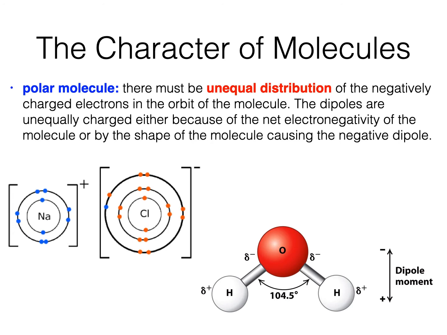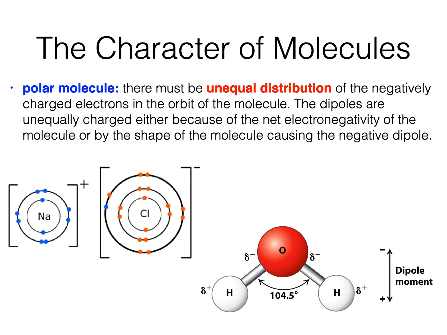Hydrogen, also a nonmetal, has an electronegativity of only 2.1. So both of these intramolecular bonds are polar covalent, and the electrons being shared, both pairs, are spending more time around the oxygen end of the molecule and less time around the hydrogen end of the molecule.